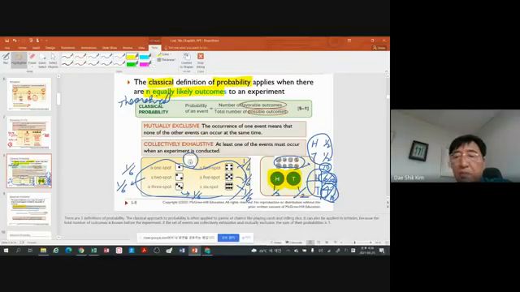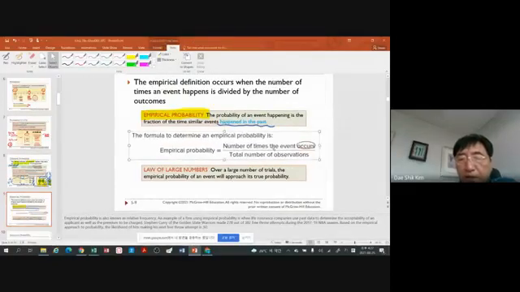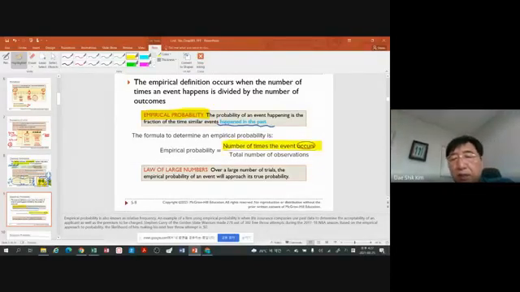So it will be half and half; that is classical or theoretical probability. But when you experiment yourself and get 6/10 and 4/10, it is called empirical probability. Empirical probability means the number of times the event actually occurred, when you do it yourself, divided by the number of observations.